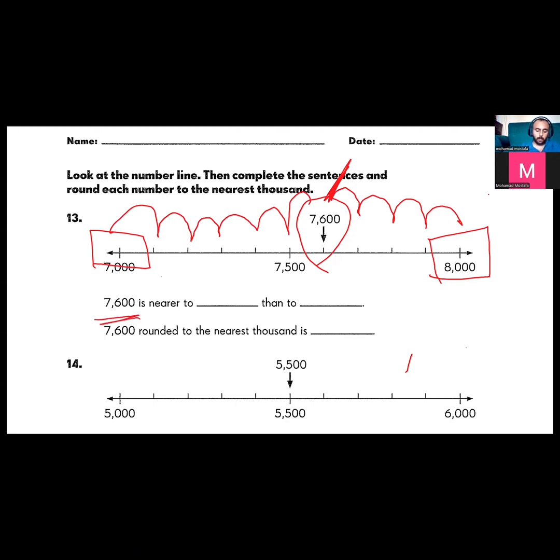So 7,600 is nearer to 8,000, then the other supermarket, 7,000. So 7,600 is nearest to 8,000.